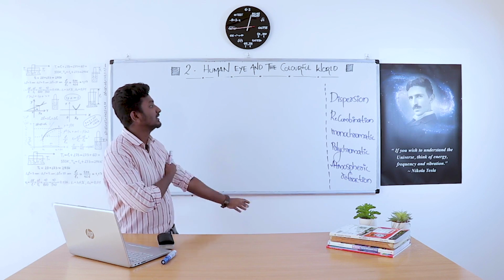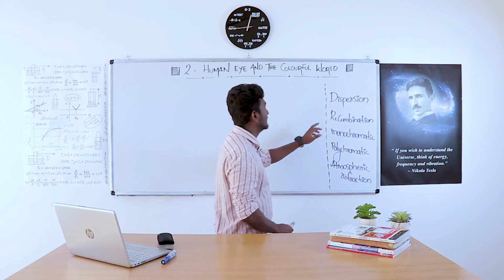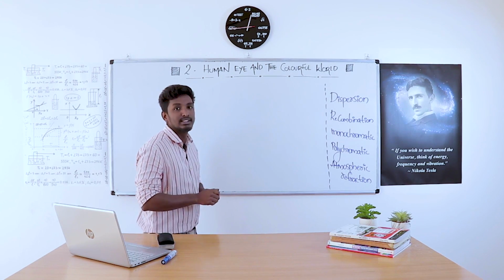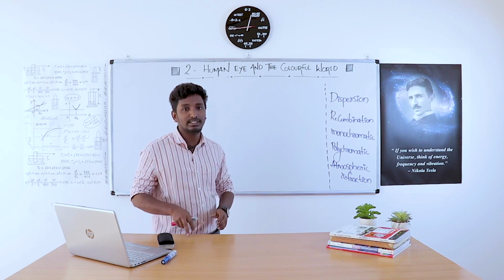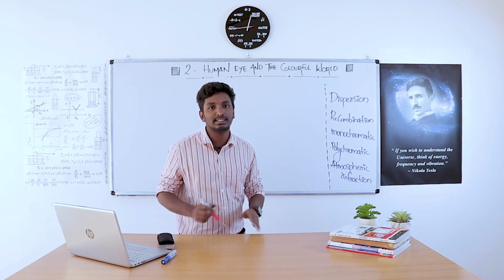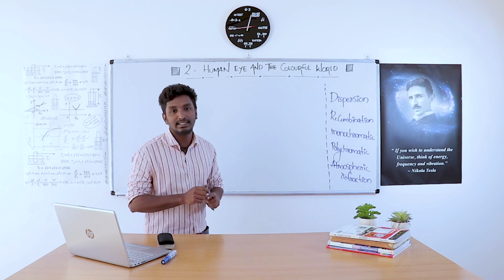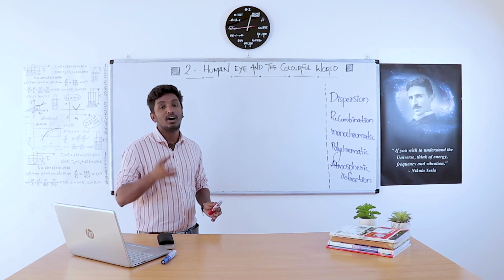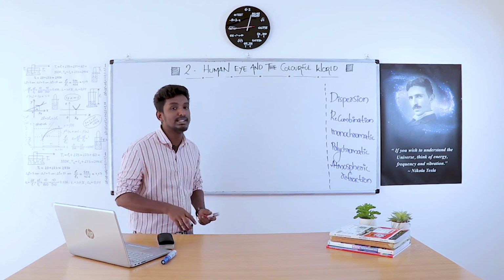So first, we are going to discuss dispersion. What do you mean by dispersion? Dispersion is a phenomenon in which white light is split up into its constituent colors. So when we consider sunlight, if it is split into its constituent colors, how many colors does sunlight or white light have?